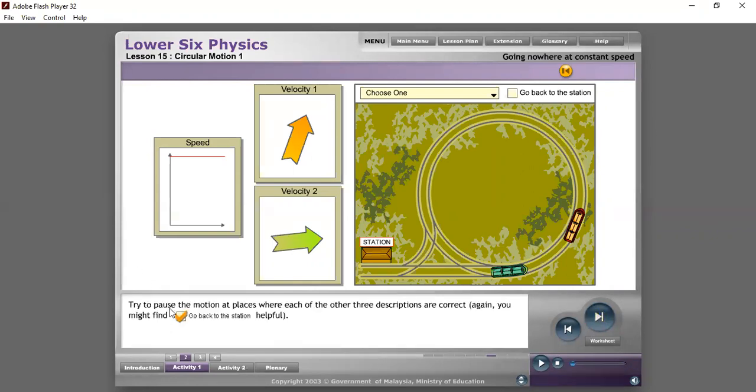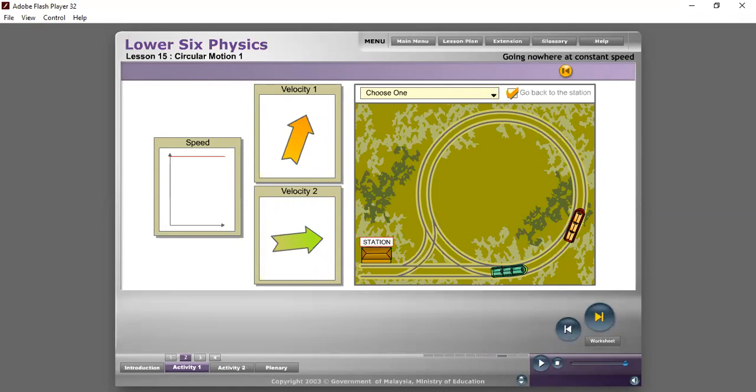Try to pause the motion at places where each of the other three descriptions are correct. Again, you might find the go back to station button helpful. Okay, we cannot move.